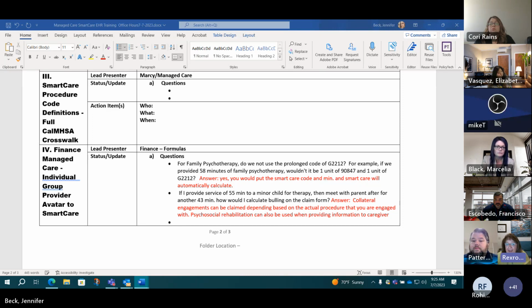So that's why the range for family psychotherapy is so wide, because you have to hit the 51% mark of the primary code. So that's why you're seeing the 74 minutes.